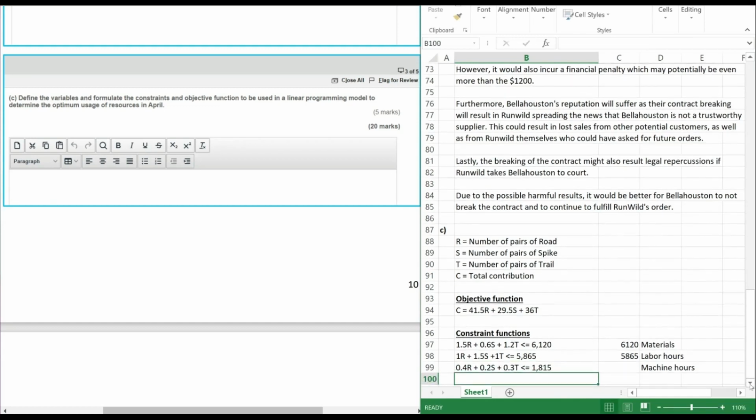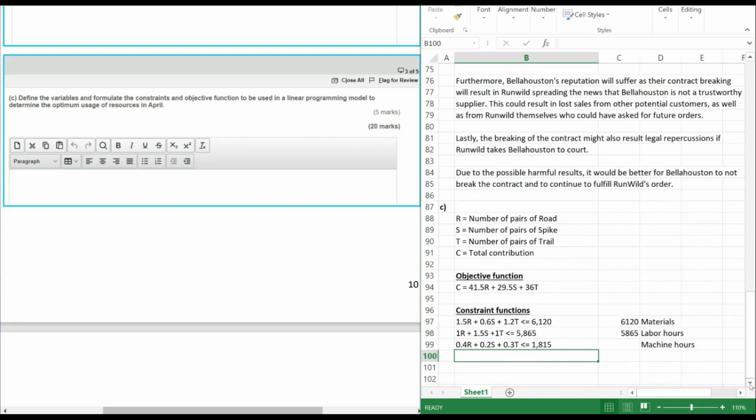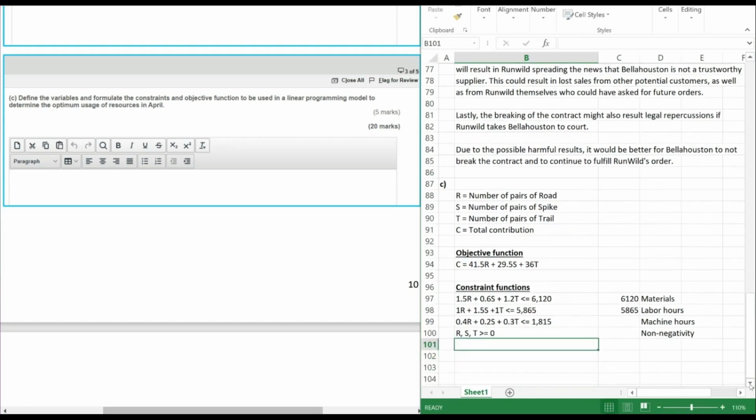Okay, so the last constraint function, which we must always mention, is the non-negativity constraint, which is R, S, and T must be greater than or equal to 0. You cannot have a negative number of units produced.